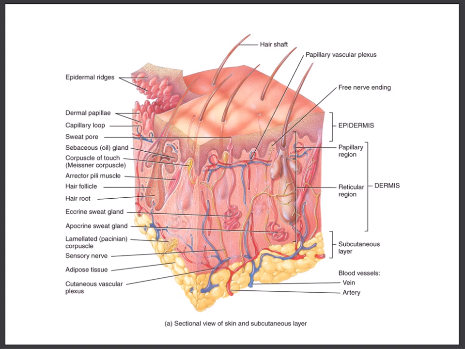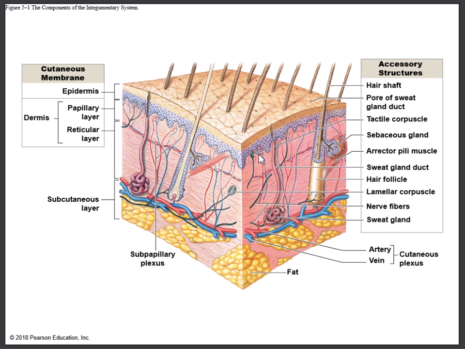Now, so if the epidermal ridges are these downward projections here, the upward projection of the dermis in between the epidermal ridges is our next definition. These are known as the dermal papilla. So this upward projection right here, go to the Martini book, right?